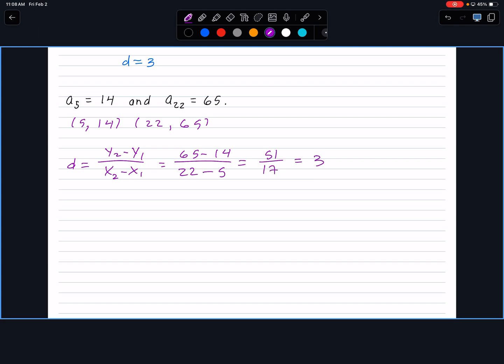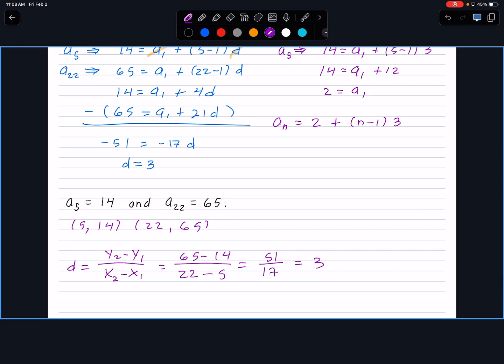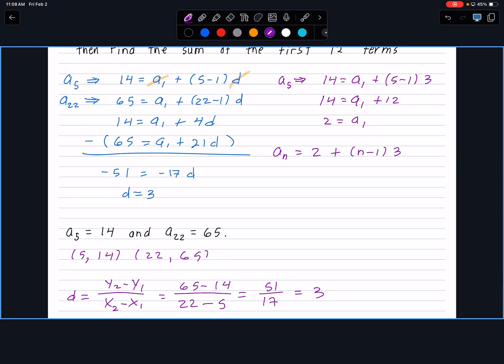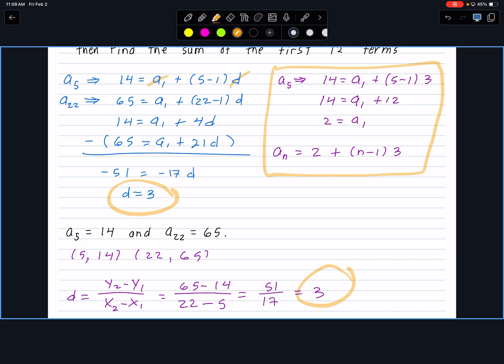From there, we're now back to what we did in the purple one because that's going to be the same for both methods. Any other questions on that one?